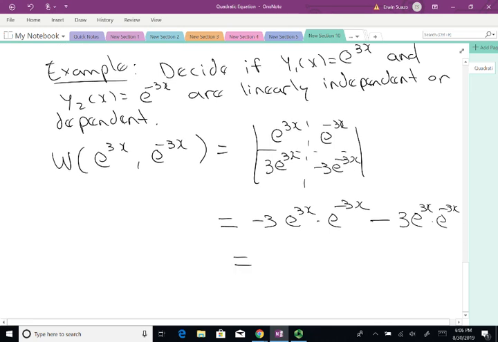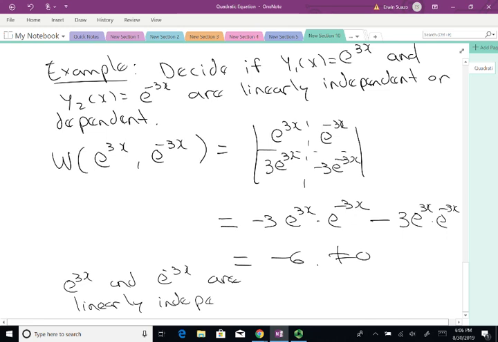So when I get this, I will get minus 6. That's different from 0. Therefore, e to the 3x and e to the minus 3x are linearly independent.